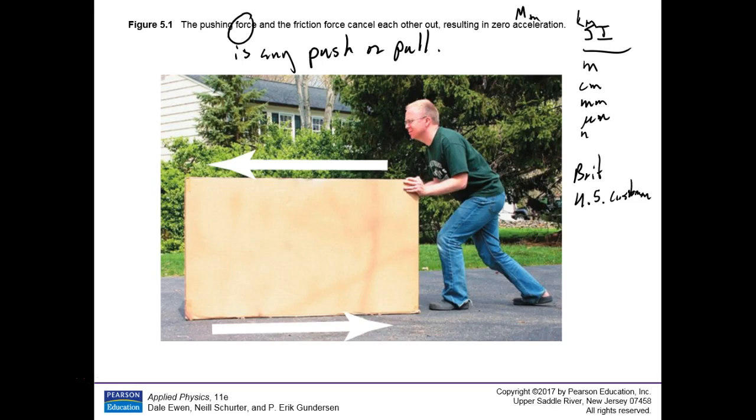In the British or U.S. customary system, that could be feet, inches, and then fractions of inches. You could have yards, you could have miles, and go on and on. So those are the U.S. customary units.